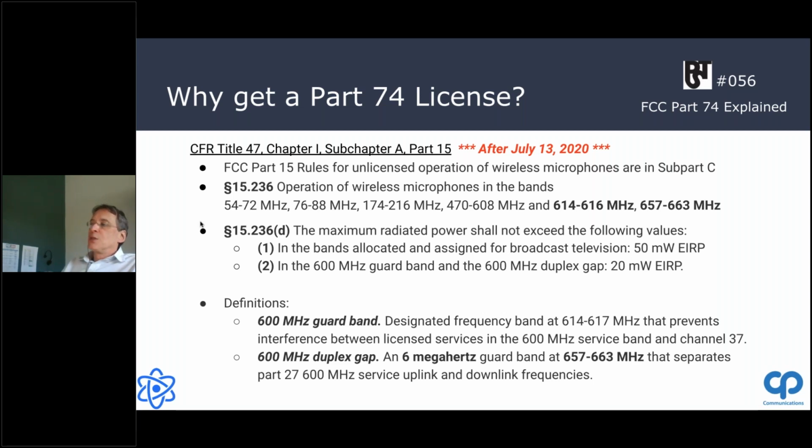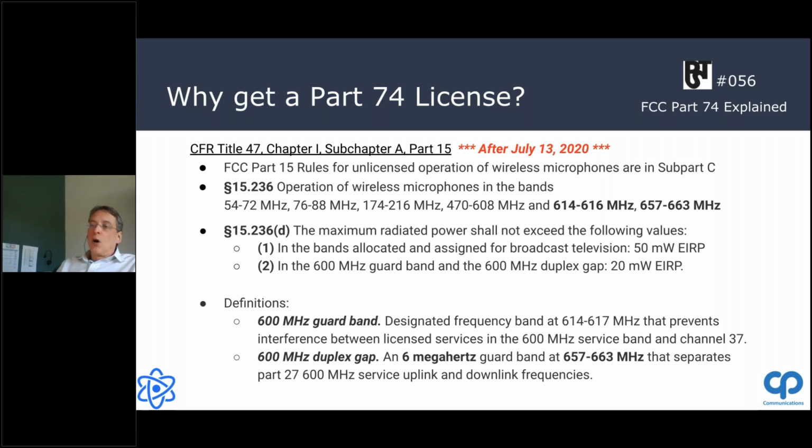And 657 to 663. 653 to 657 is reserved for licensed Part 74 users only. So you've lost quite a few meg there in which to operate. Your power levels have remained the same, but you have reduced the amount of spectrum in which you can operate.